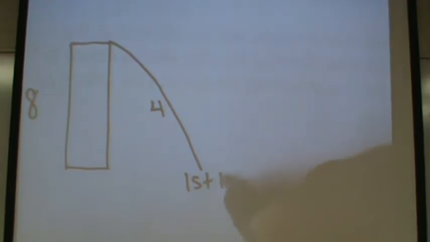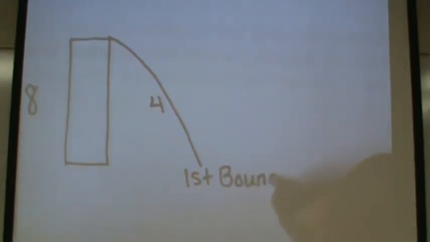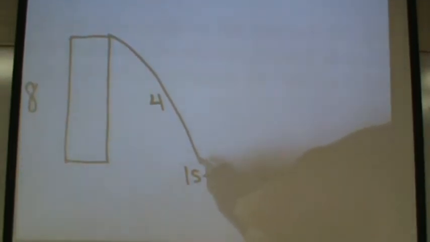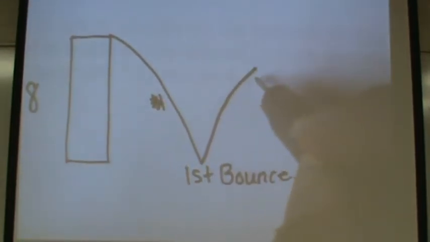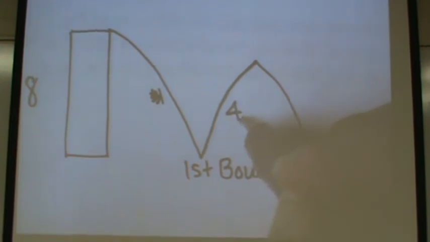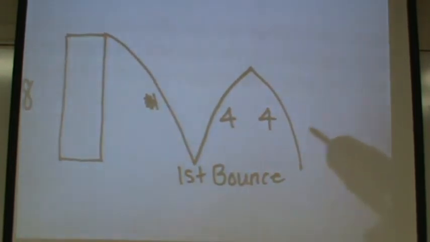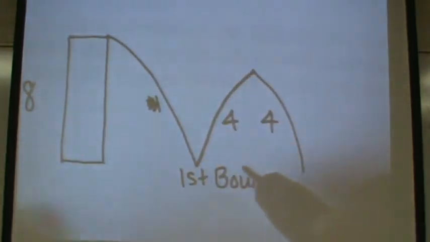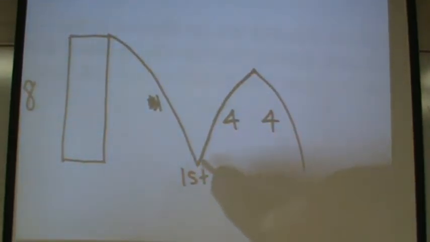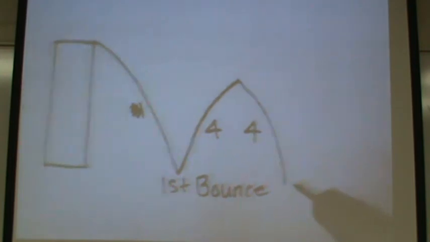So this is our first bounce. I'm sorry, this is not 4. This and this are 4. We're going to call this our 8 feet. This is 8. So when it bounces, it's going half this height, 4 and 4.